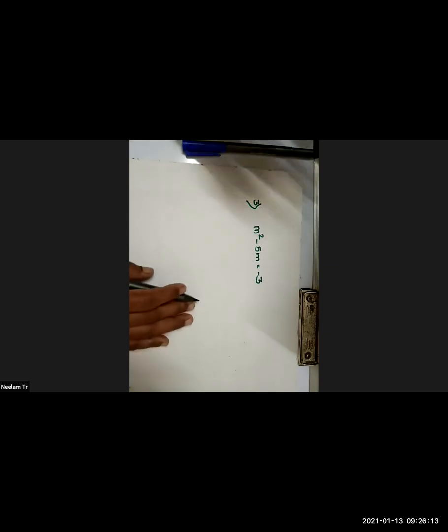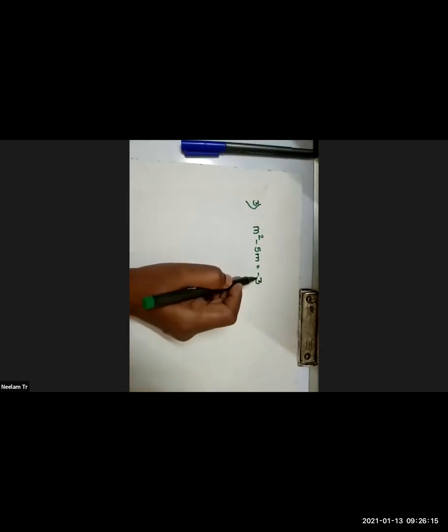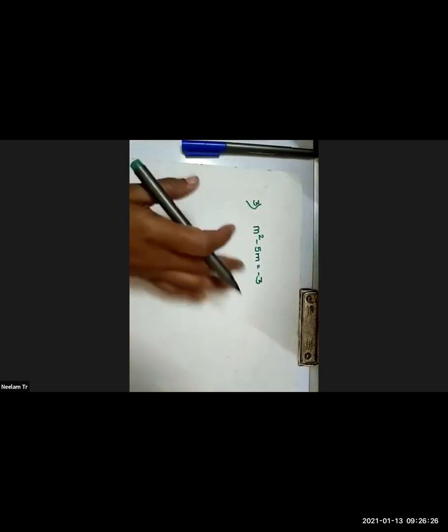Okay. As in this case, this coefficient has been already taken in the right hand side. So there is no need of bringing it to the left hand side. Keep it as it is. ऐसे ही रहने दो. ठीक है?